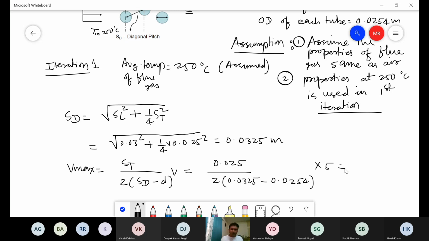So this comes out to be, anybody? Please calculate the value.